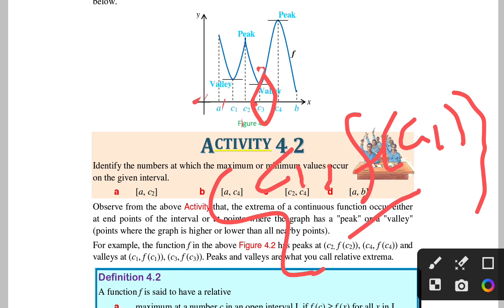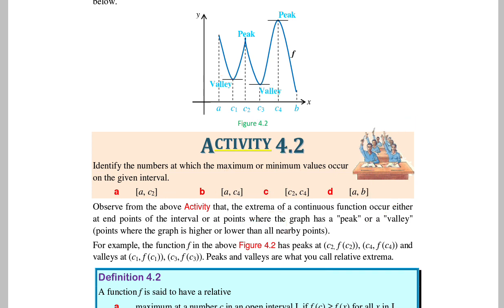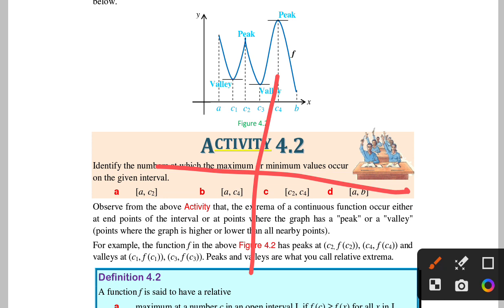f of x is negative. You got me? When it is C1 is x, f of x is given as negative, because I need to draw a graph. Now let me make it understandable.